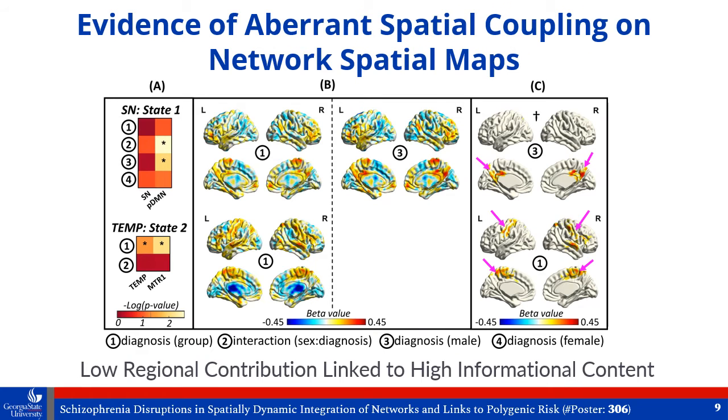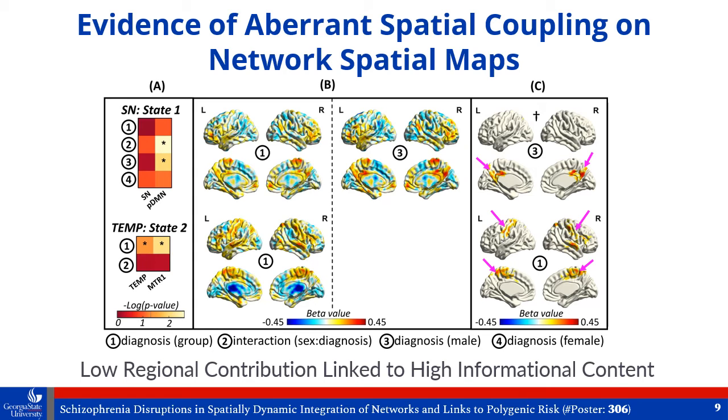And next, we investigate how the schizophrenia-related alterations that we saw in the low-dimensional spatial dynamic states link to diagnostic differences in voxel space. We focus on the networks involved in those two pairs with both significant schizophrenia effect and genomic association.